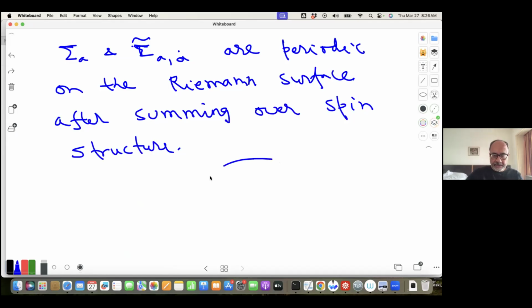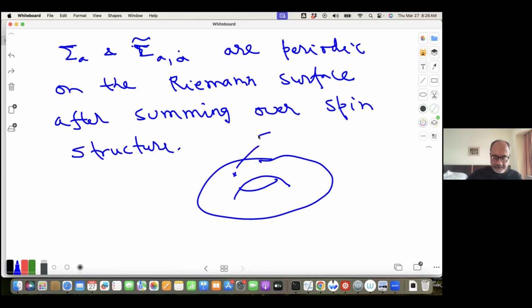And that's not very hard to understand. So, okay, we can even just do it for the torus, right? Imagine that you have a sigma inserted here.